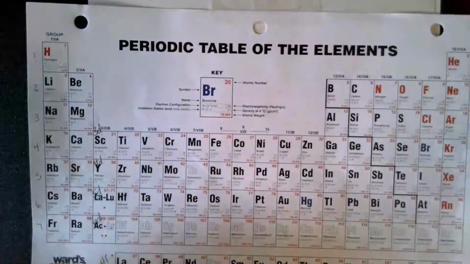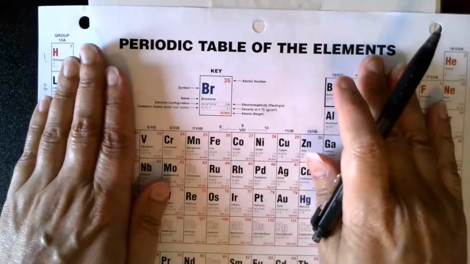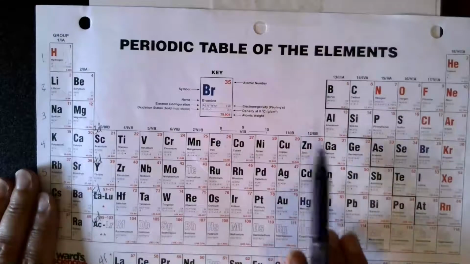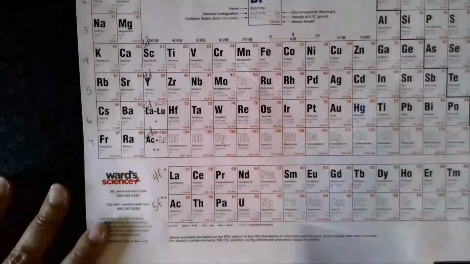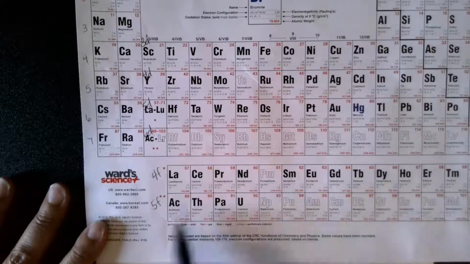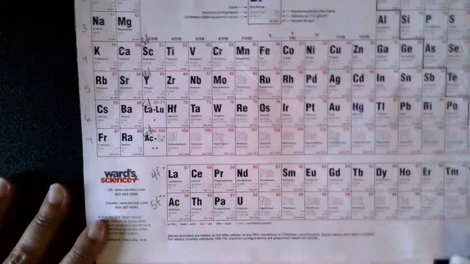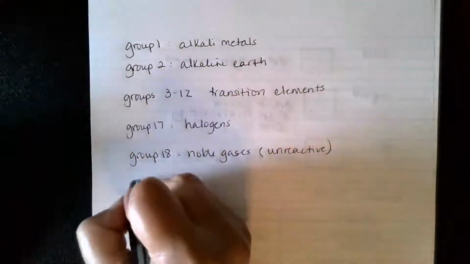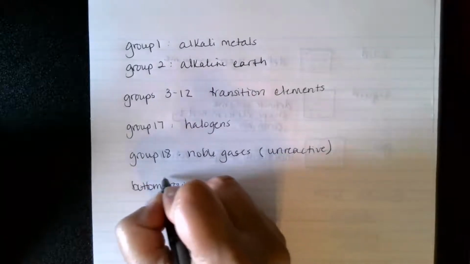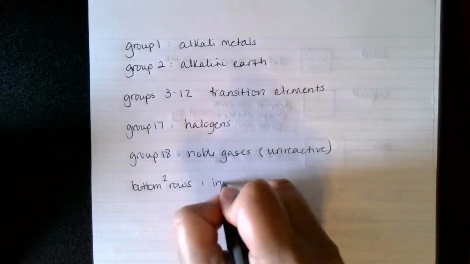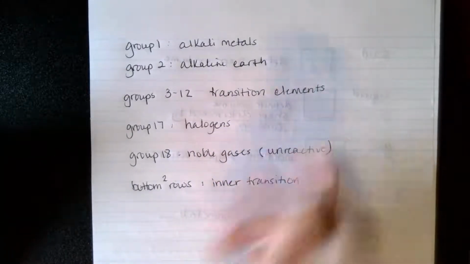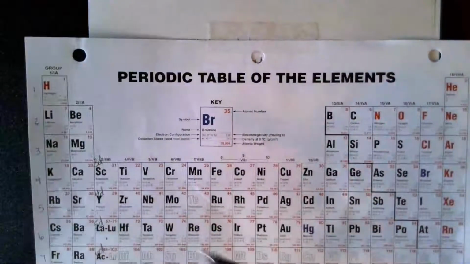Now we call these two groups up on the two sides the main group elements, and then the transition elements. And the two rows at the bottom, the lanthanide and the actinide series, those two groups together are called the inner transition elements. Bottom two rows, these are called the inner transition, and the reason they're called the inner transition is because they actually go up here.